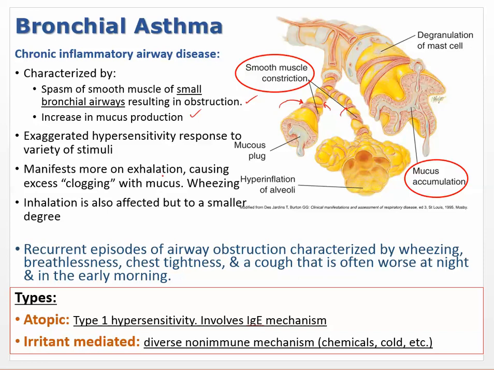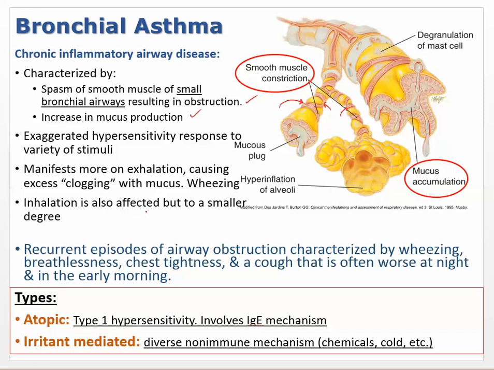So it manifests more on exhalation, causing excess clogging with mucus and wheezing. This is an important point when it comes to asthma and COPD and any kind of obstructive disease. It's going to manifest more on exhalation. You can't get the air out. You also have the clogging with mucus that can kind of get in the way of pushing the air out of those alveoli.